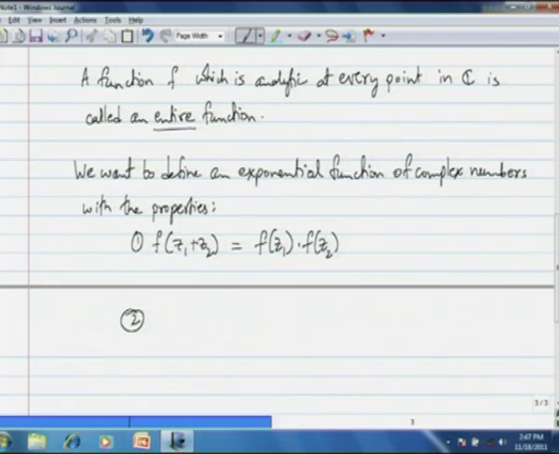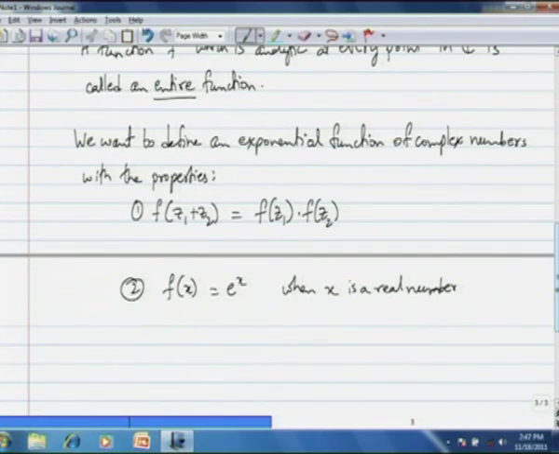And we also want the property that f of x is e power x when x is a real number, i.e., a real number contained in the complex plane. So, when restricted to a real number contained in the complex plane, we want this new function to tally with the definition of the exponential function that we already know for real numbers.